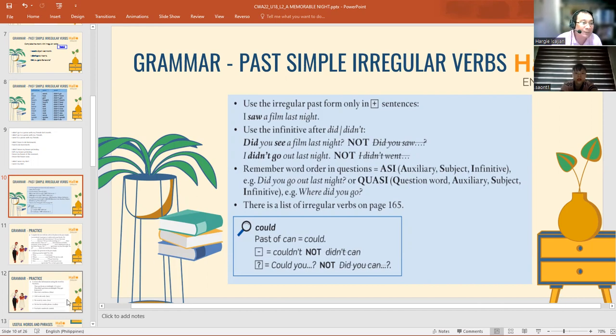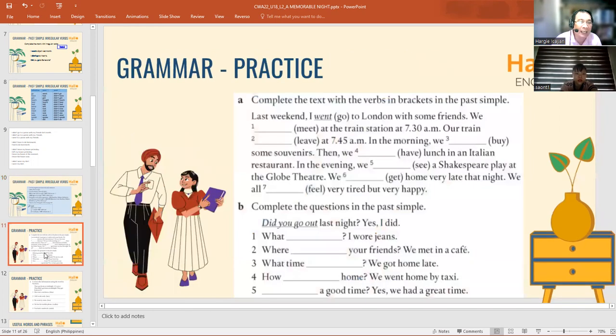Now let's try to do the practice here. Complete the text with the verbs in brackets in the past simple. Last weekend, I went to London with some friends.